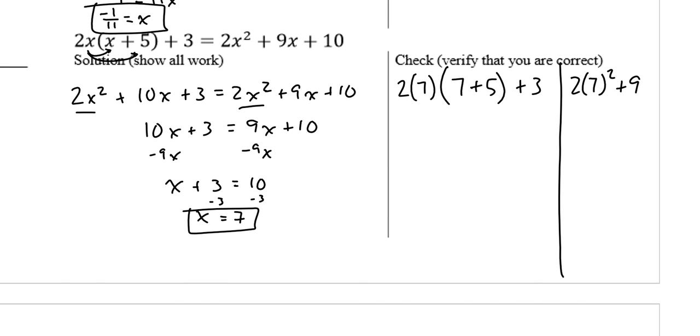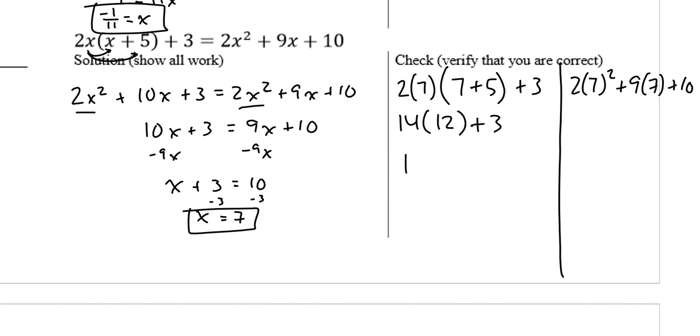I'm going to add 9 times 7 and then plus 10. So 2 times 7 is the number 14, and I'm going to multiply that by 12 and then add the number 3.